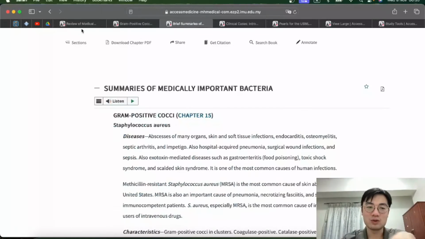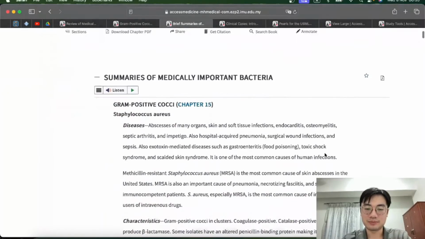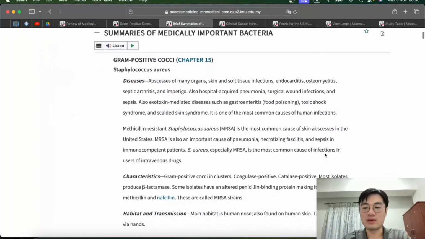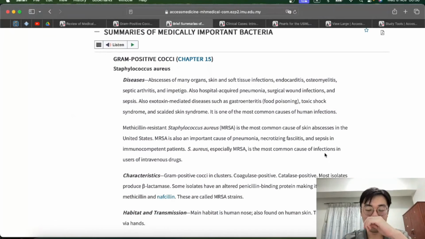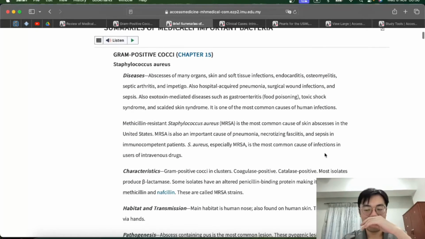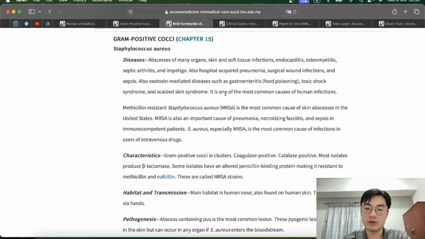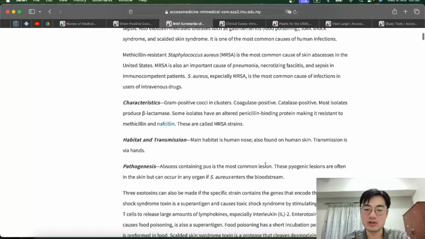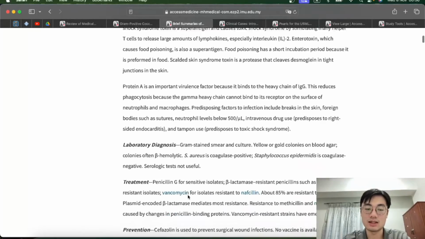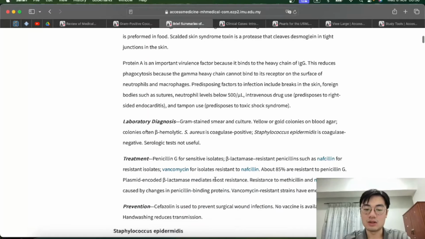You just go to this tab here, you click on this, and then it will bring you to this tab, and it will give you a very summarized description and the characteristics of the microorganism. So like here, what are the diseases that Staph aureus can cause, characteristics, transmission, pathogenesis, and diagnosis, treatment, prevention. So it's like a summarized version of the one that I showed you just now.